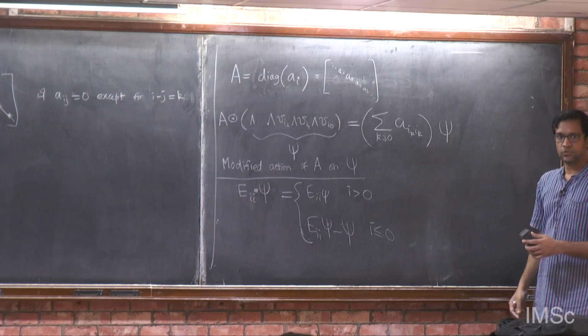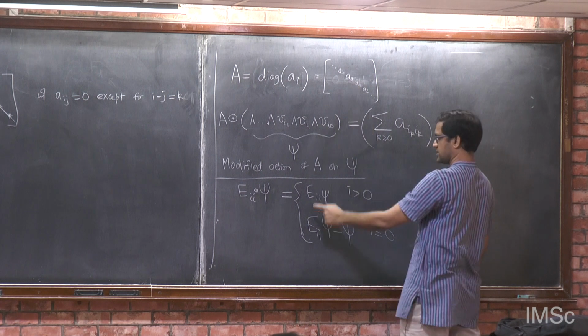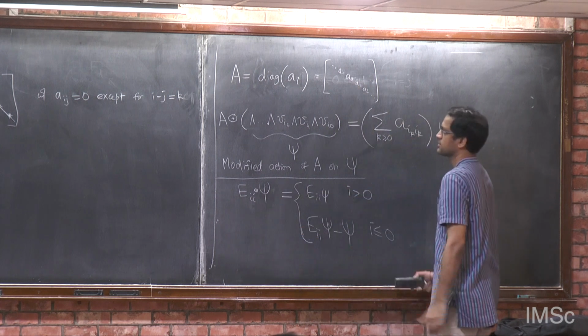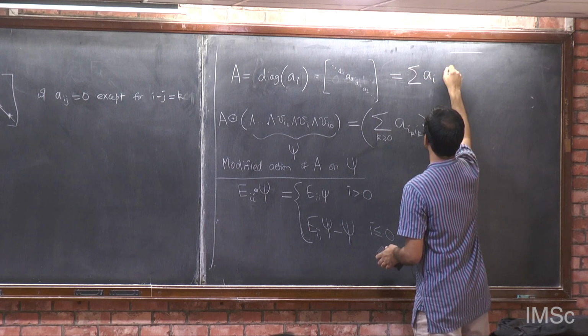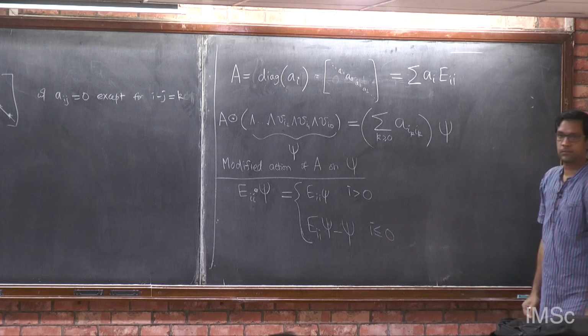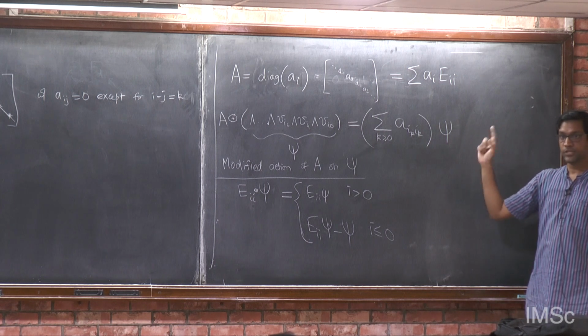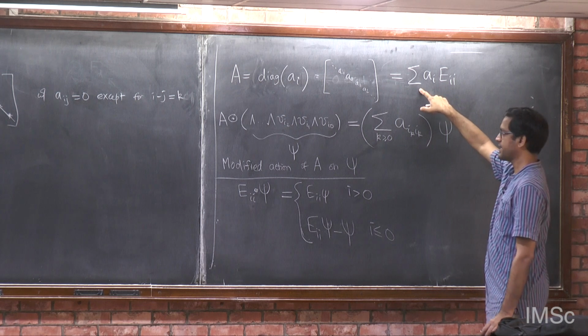We have to take both cases separately, right? This is how a single E_ii acts. My A now is a linear combination of the E_ii's. This is what my A matrix is. So I'll figure out how each E_ii acts. The positive E_ii's, how will they act?